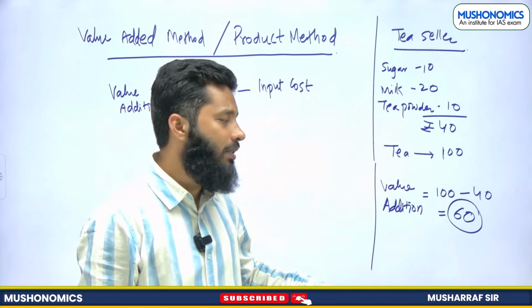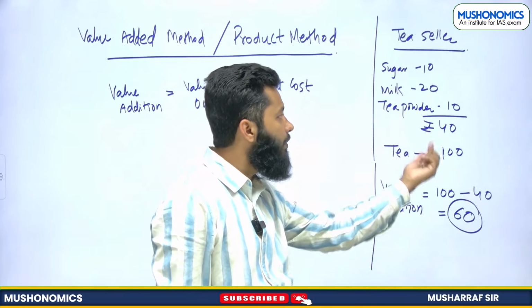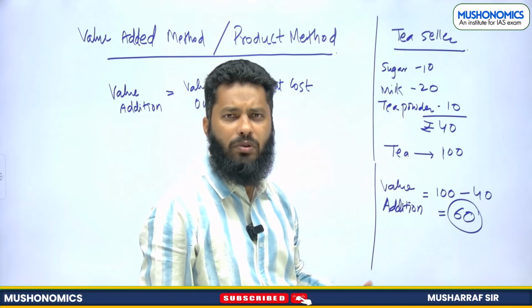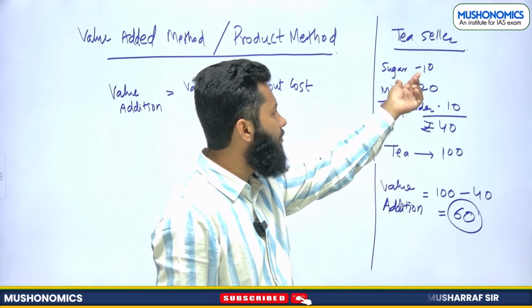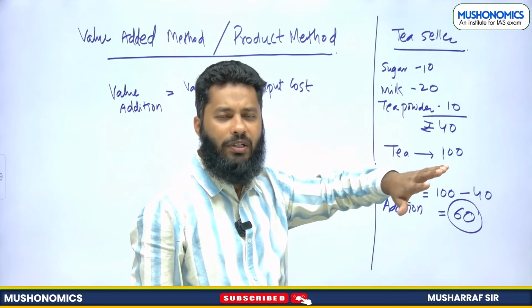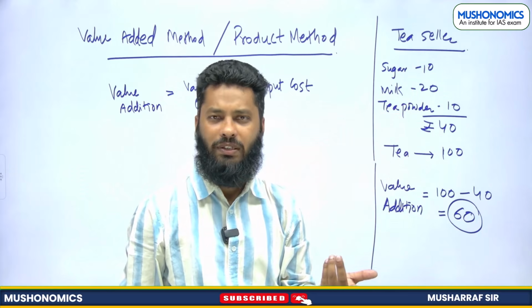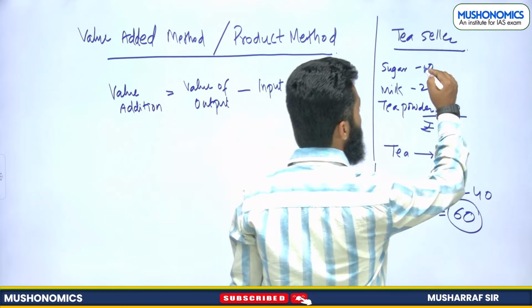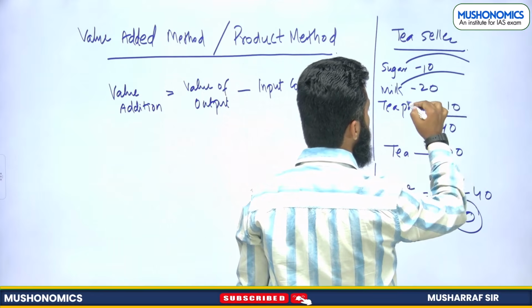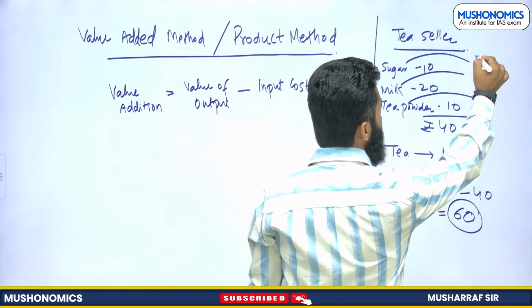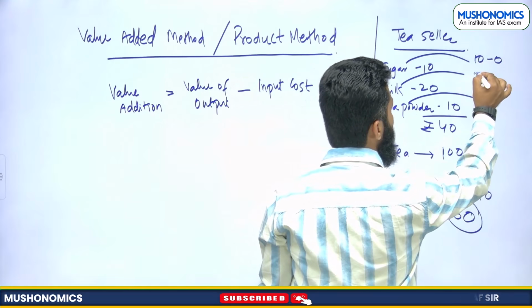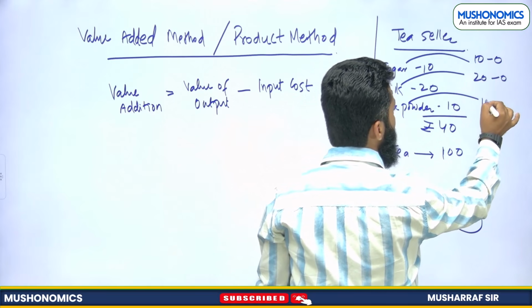Now you will ask what the value addition done by sugar, milk, etc. is. For simplification, suppose sugar, milk and tea powder are available in nature. Then the value addition by the sugar producer, milk producer and tea powder producer will be 10 minus 0, 20 minus 0, 10 minus 0.